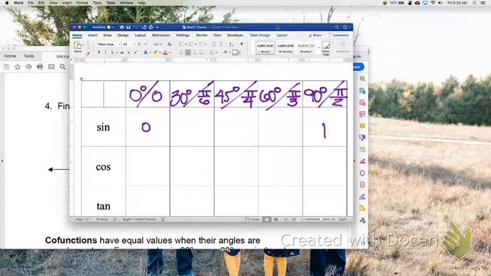To find the sine at 30 degrees, I look at page 23, I think. What did we say the sine at 30 was? 1/2. On page 22, what did we say the sine at 45 was? Root 2 over 2, and the sine at 60? Root 3 over 2. Now, here's where I'm going to pause for a moment.